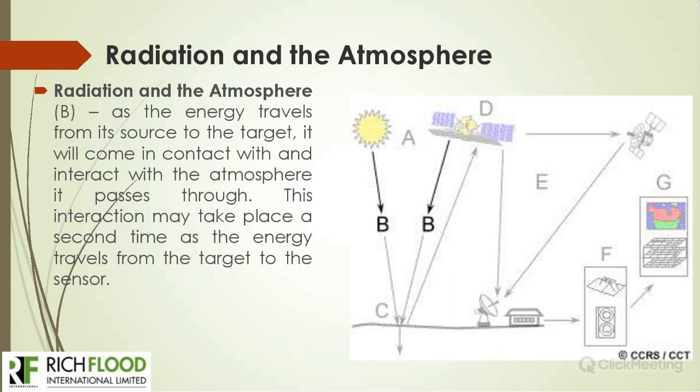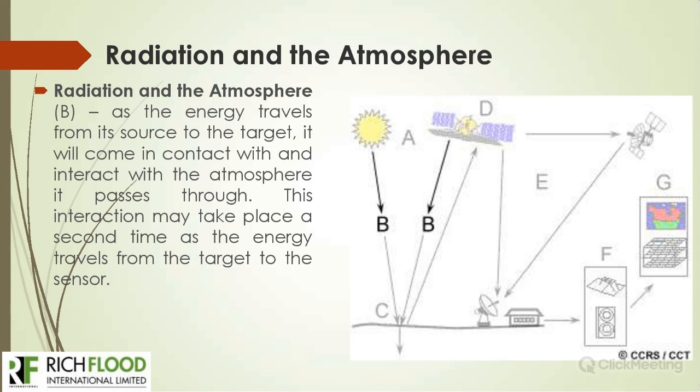There could be absorption of this electromagnetic radiation, and as it gets to the objects with which it interacts, the object reflects, emits or absorbs some of this radiation, in the process of the radiation going back to the sensor. As you can see in the diagram, using the letter B, that is where this phenomenon of radiation takes place.